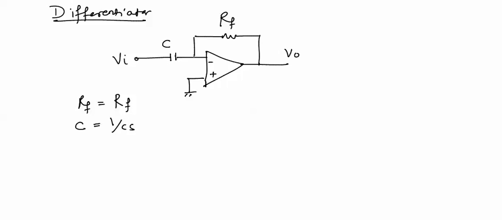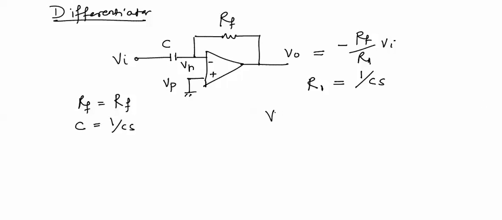Looking at this circuit, we know that this is an inverting amplifier. This voltage Vp and this voltage Vn. For this inverting amplifier, we know that its output expression is minus Rf upon R1 into Vi, and the impedance in place of R1 for this circuit is equal to 1 by Cs.